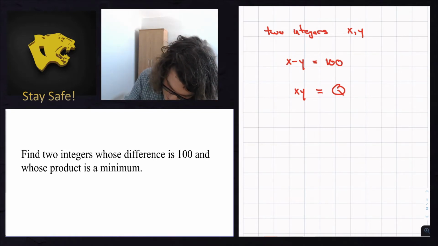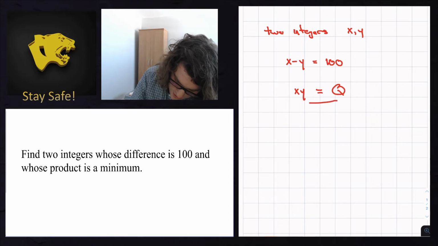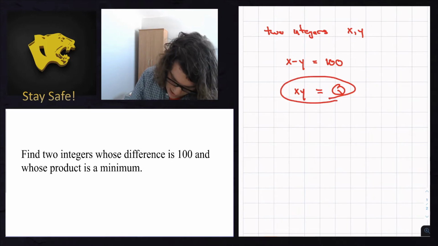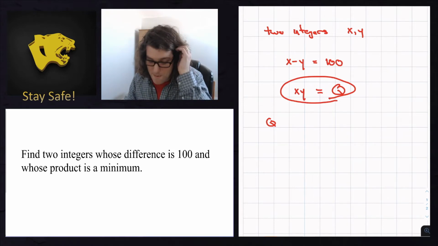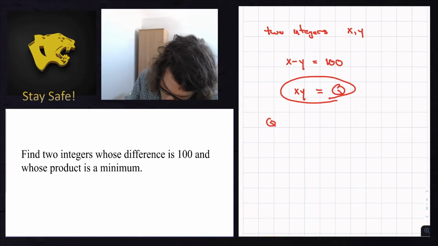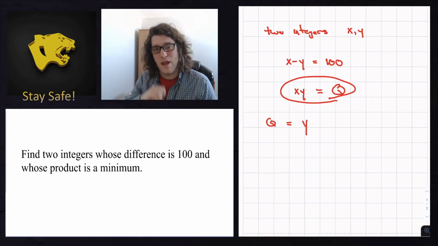So next up, this is great, except for the quantity that I want to optimize. I want this to be a minimum. It has to be written in terms of a single variable. Right now it's x and y. I'm going to write it in just y.